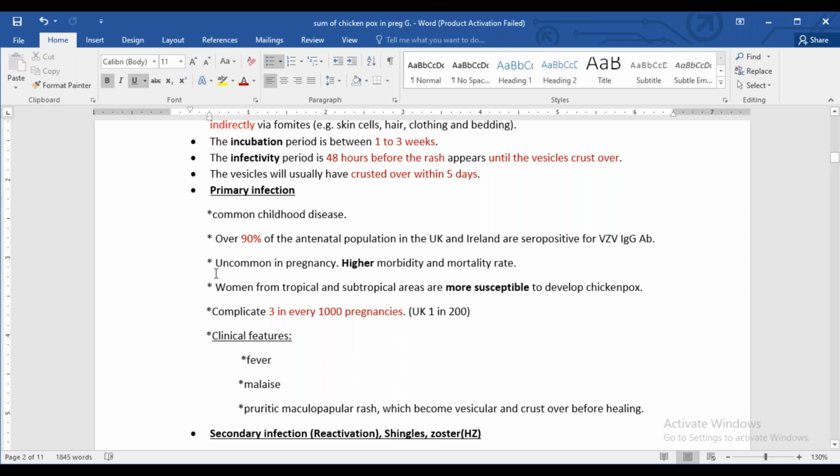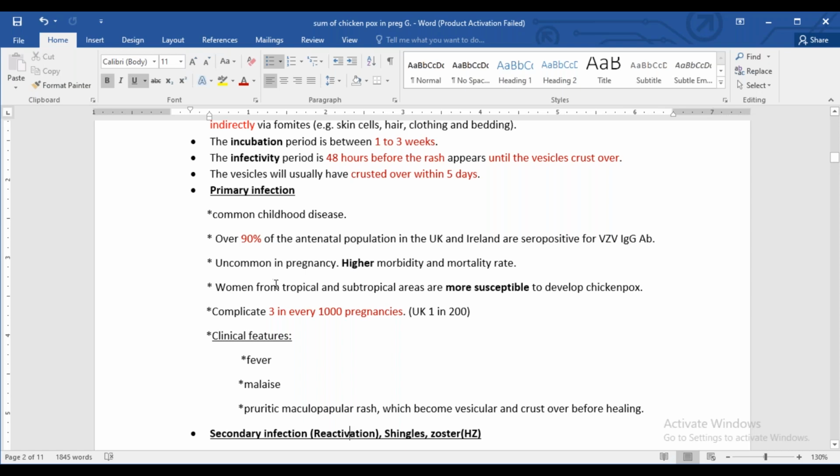Okay. As we said, it's uncommon in adults and uncommon in pregnant ladies, but it carries higher morbidity and higher mortality rate, and especially in pregnant women it's higher than in the normal adult.